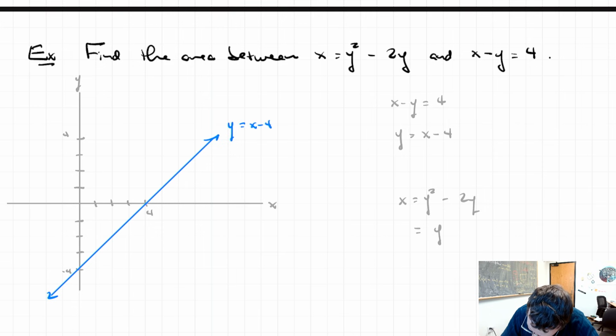I can factor as y times y minus 2. So this is a parabola that opens to the right. And it has y-intercepts at 0 and 2.